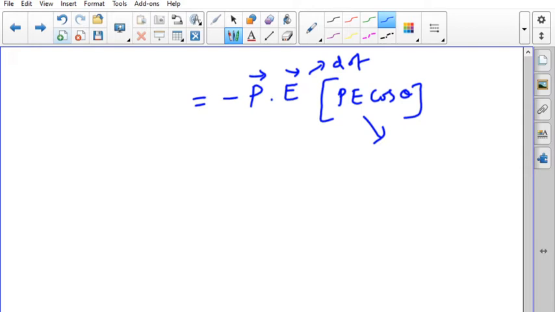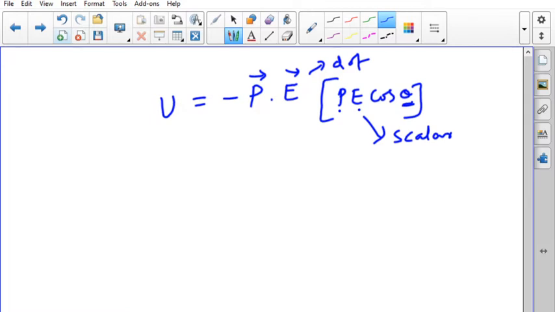You must keep that in mind, and this is a scalar, right? Here, in addition to P and E, the potential energy also depends on the orientation of the electric dipole with respect to the external electric field.